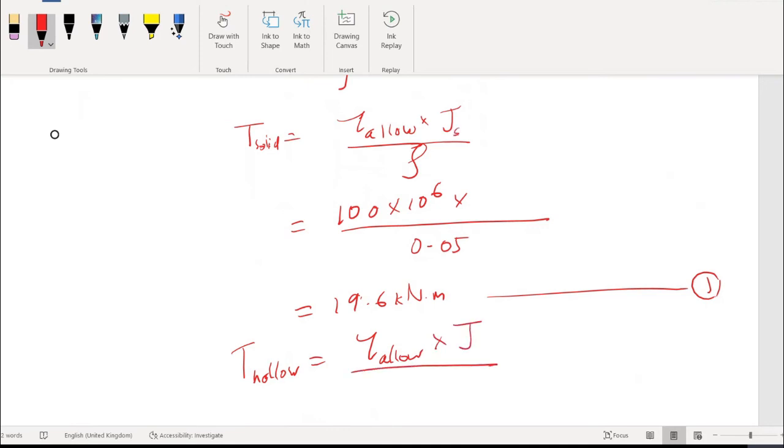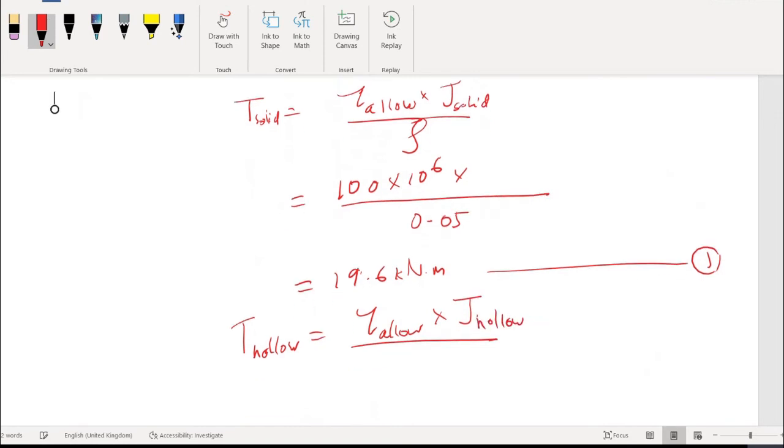This polar moment is varying here because of the material, so you need to follow the respective values, and the distance is also varying.